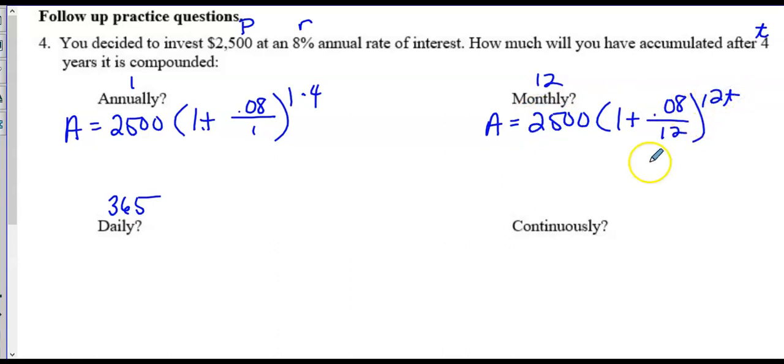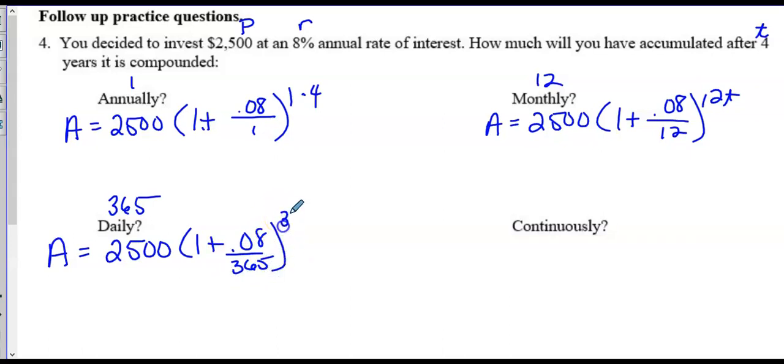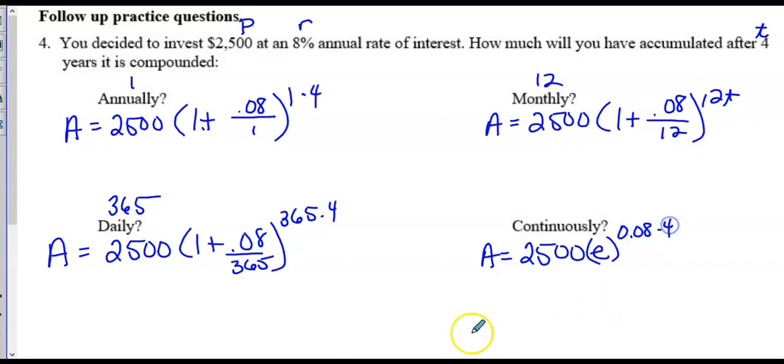So the only thing that changed was the number of compounds. Okay, and then continuously is going to be A equals 2,500 times E, put that in parentheses if you want, to the 0.08 times 4 power.